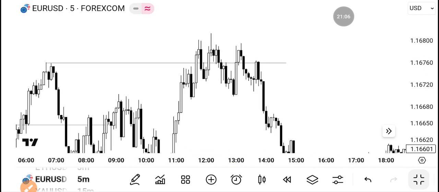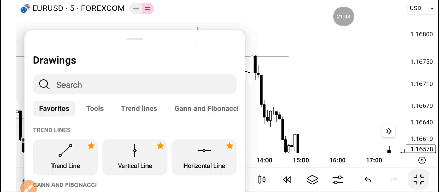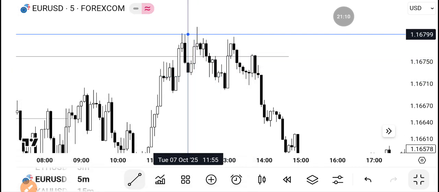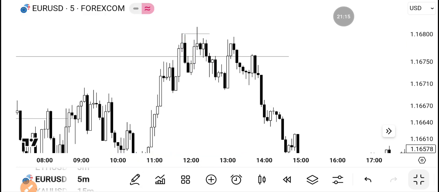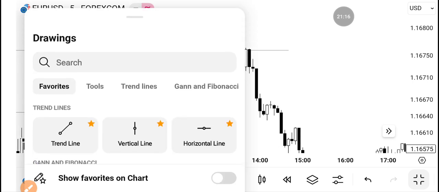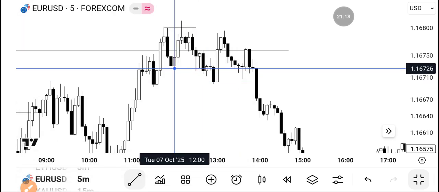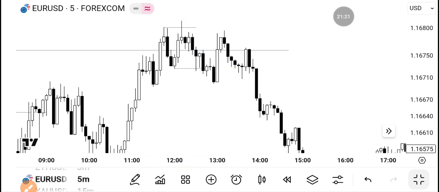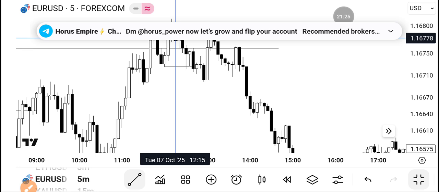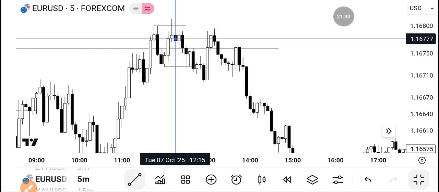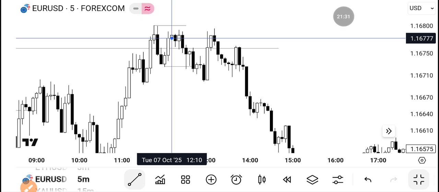Turtle soup, wait for the stop of this low. Then we wait for change in state of delivery. The candle that stopped that low should be our entry. So this was the candle that stopped the low, right? This candle here that stopped the low should be our entry.